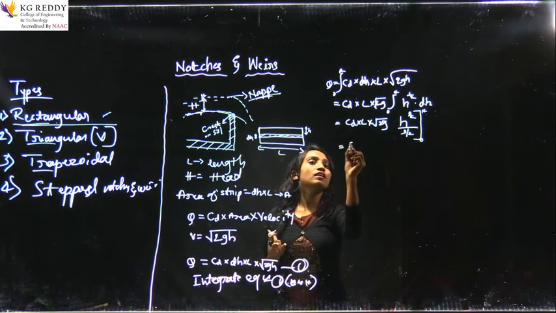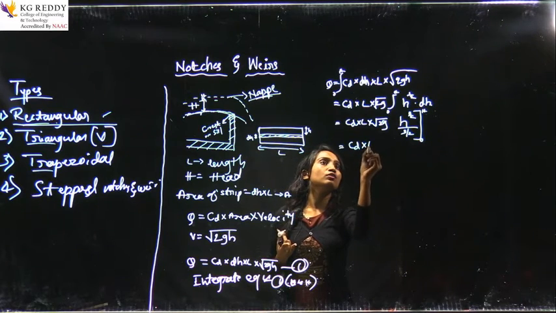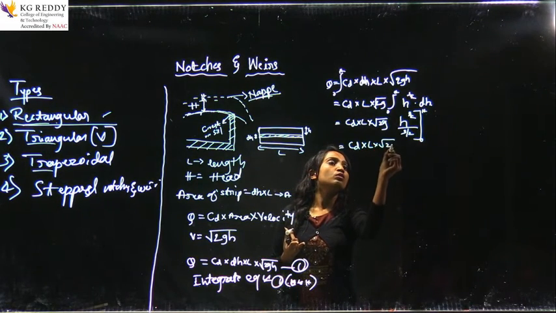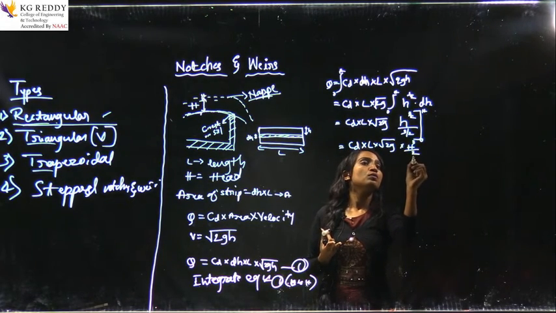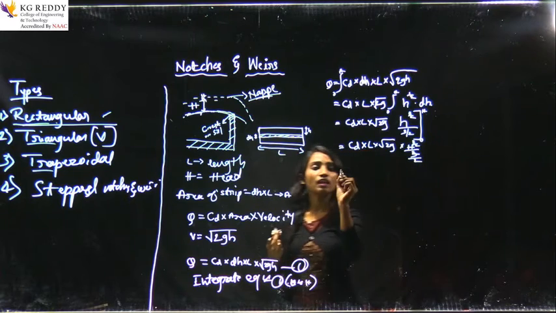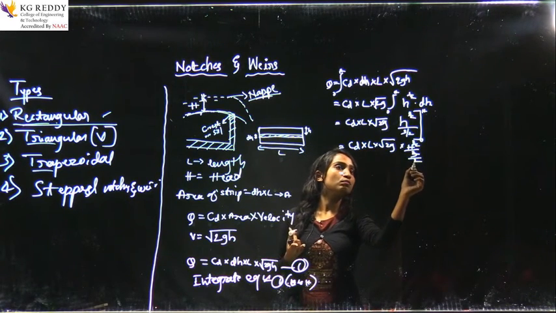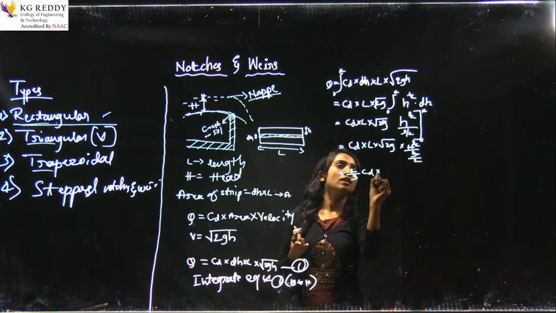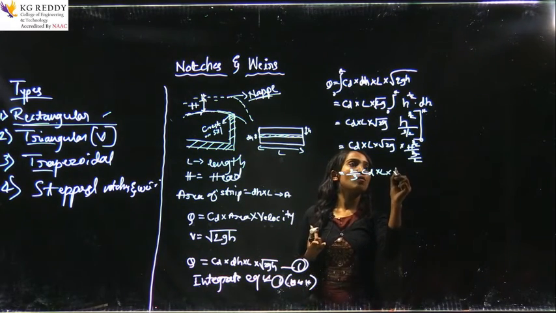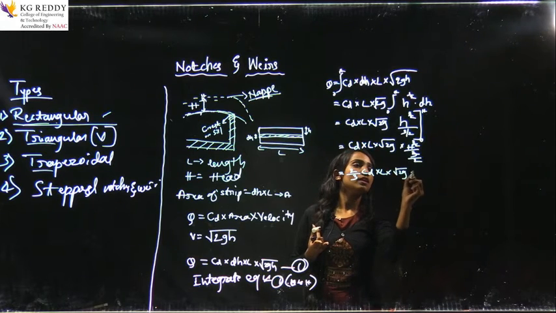Once we apply the limit, we get CD into L into square root of 2g into capital H raised to 3 by 2 divided by 3 by 2. The final simplified form is 2 by 3 CD into L into square root of 2g into H raised to 3 by 2.